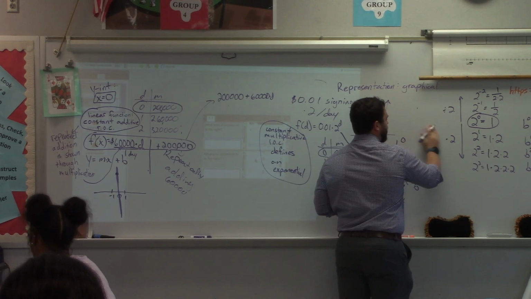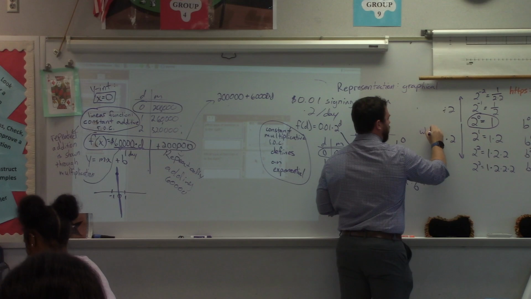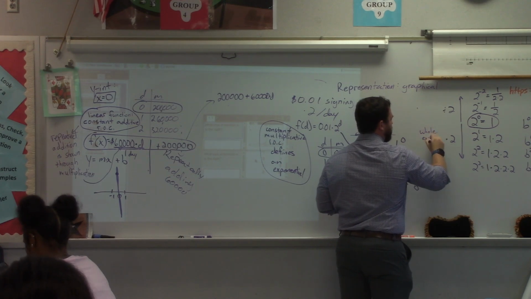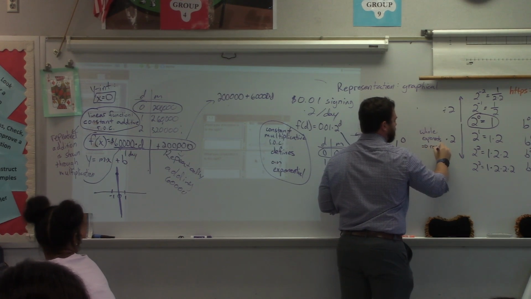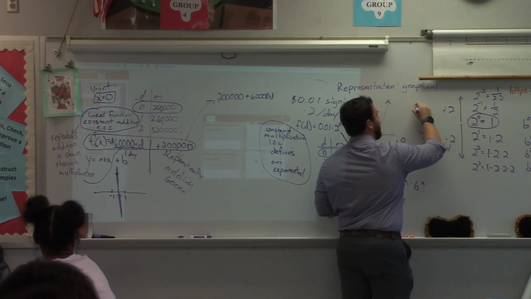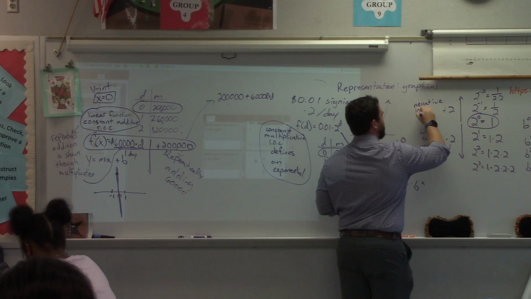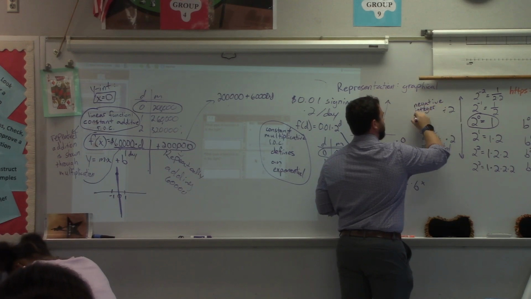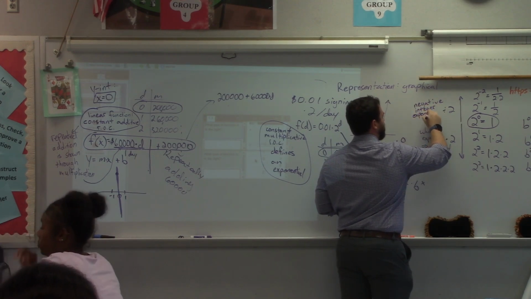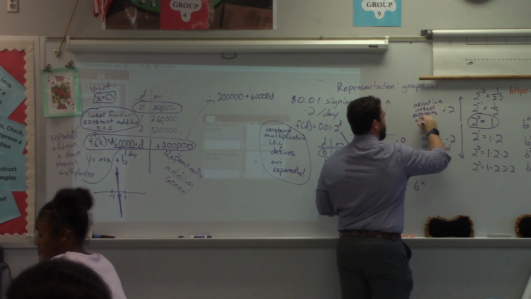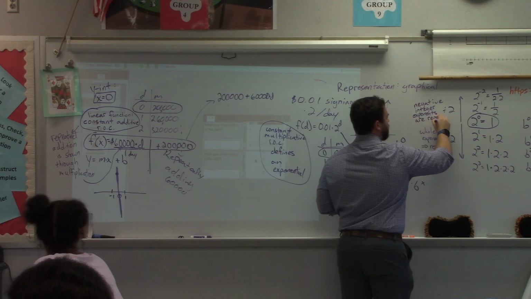So I should say whole exponents, that's repeated multiplication. Negative integer exponents are repeated what? Division.